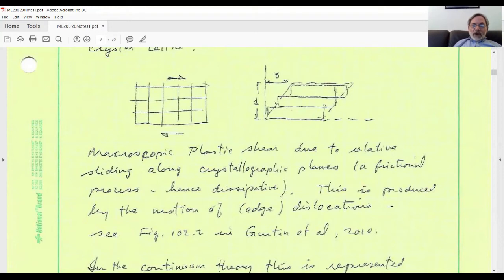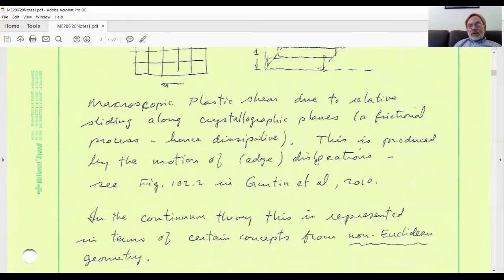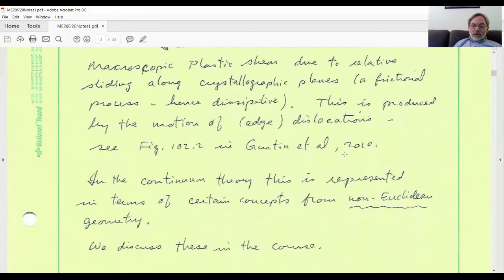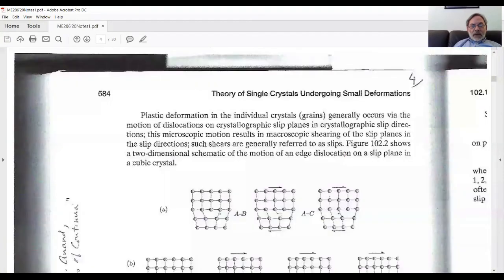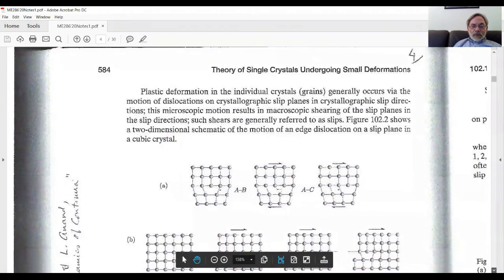So the question arises, how is this relative sliding achieved? It's produced essentially by the motion of dislocations. And this brings us to a nice diagram in a recent book by Gerten and associates, published about 10 years ago. Let me turn to the next page quickly and discuss an excerpt from that book.